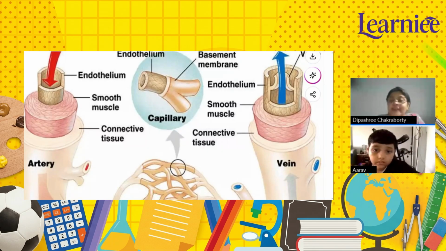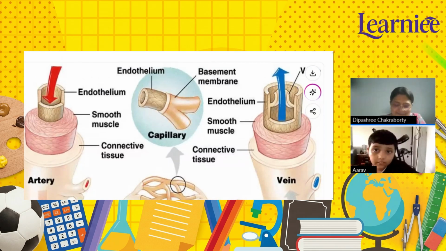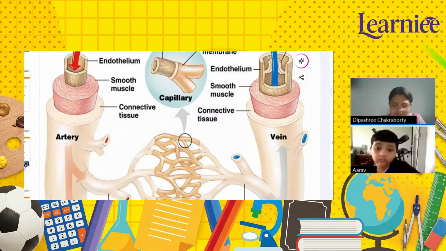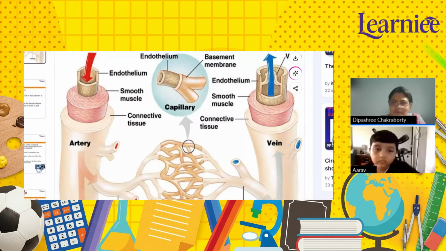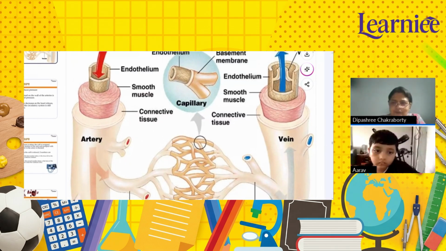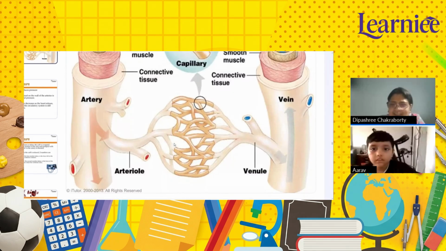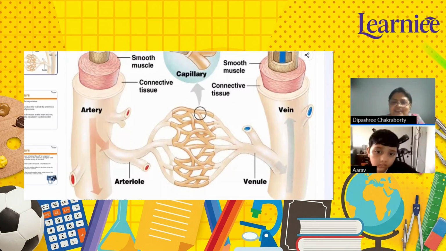Now the diagram, whatever we are telling you. See the connecting point. Till now, what we are talking about, the connecting point, right? You will see here. This side artery, this side veins. What is in the middle? These are capillaries. You can see it very clearly.